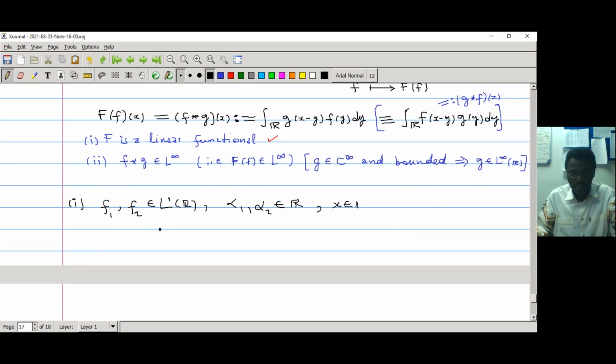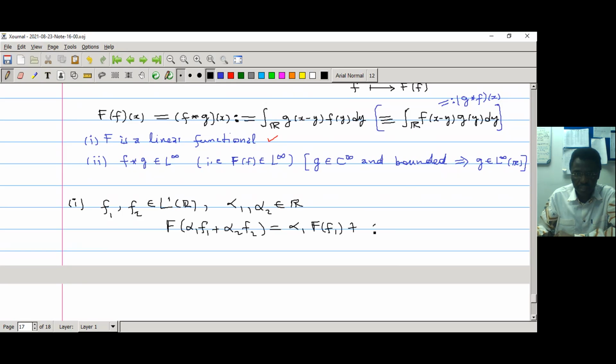So we want to show that F of alpha 1 f1 plus alpha 2 f2 is equal to alpha 1 F of f1 plus alpha 2 F of f2.